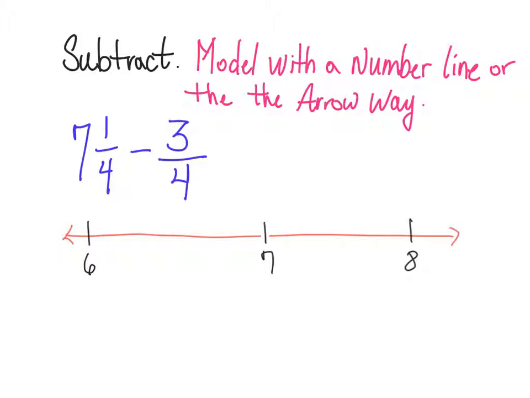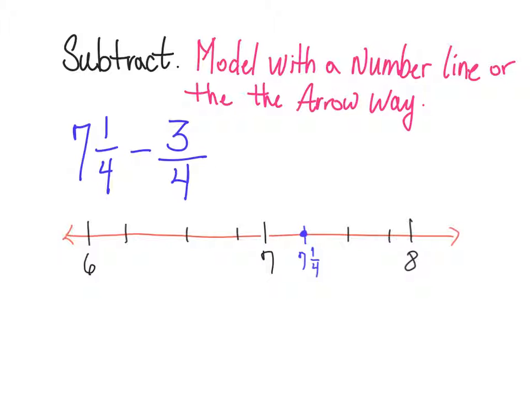So I am going to break this up into fourths. And then we're going to place 7 and 1/4 on this number line. So 7 and 1/4 is just about right here.